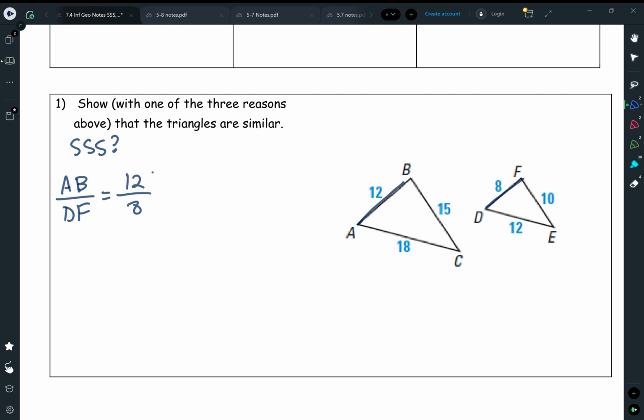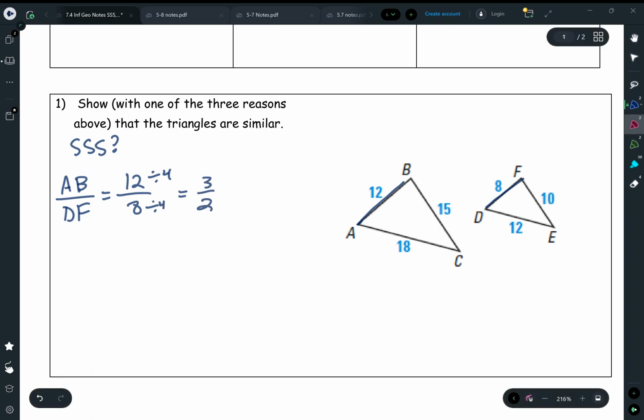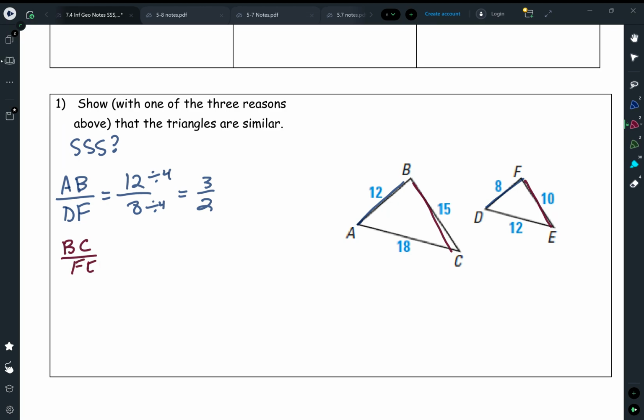Let's reduce that, dividing the top and bottom by 4, and we'd get 3/2. Next, I'm going to look at the side that's BC to FE. Remember, we're doing the bigger one on top. That's going to be 15/10. Divide the top and bottom by 5, and we get 3/2 again.